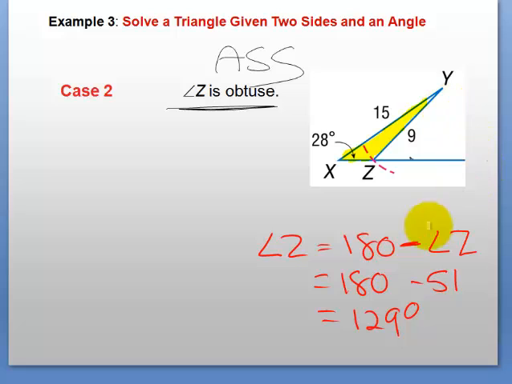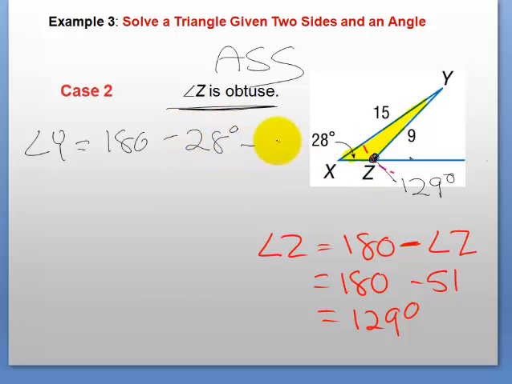That larger one we use to find the obtuse angle of Z. So we know now that for our second case, our obtuse angle is 129 degrees. So our new angle of Y is 180 minus the original 28 degrees minus the 129 from the new Z. So we end up getting 23 degrees.